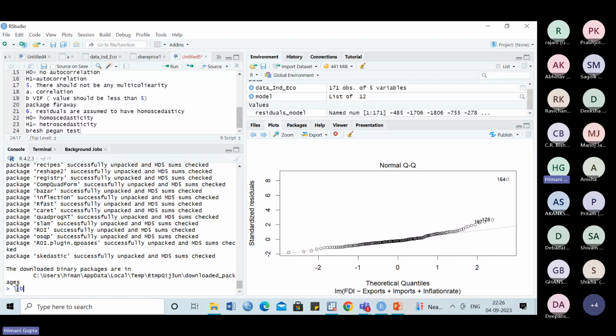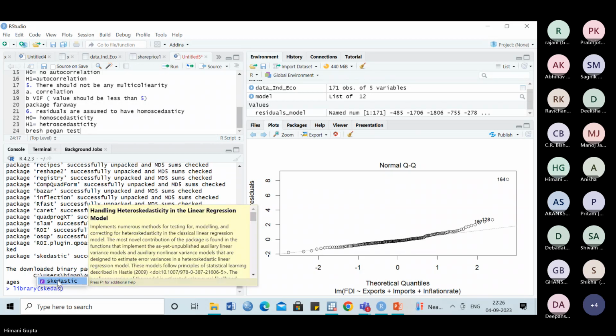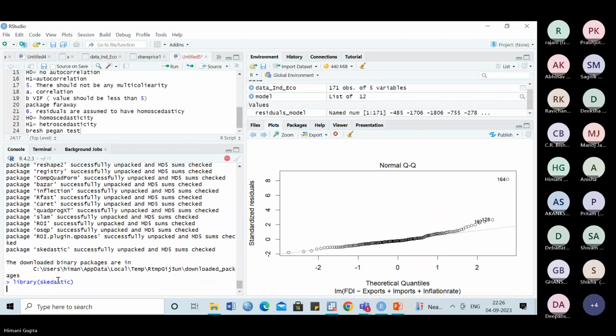So let's load the package with library. Done. So now you can just write white underscore lm and your model.